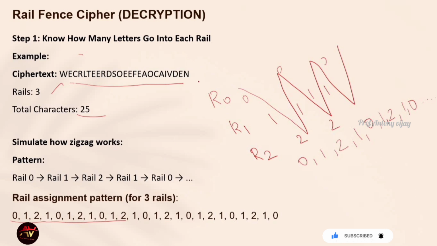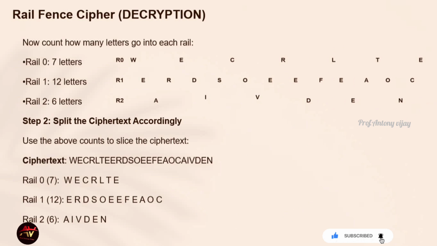See, this is the pattern it is following. Totally we have 25 characters, so for 25 characters we form a pattern of zeros, ones and twos like this. Now we have to find how many letters each rail contains. We have 3 rails: rail 0, rail 1 and rail 2.